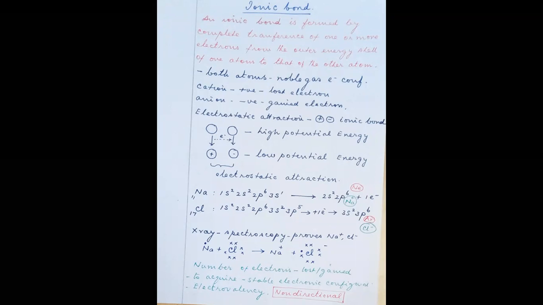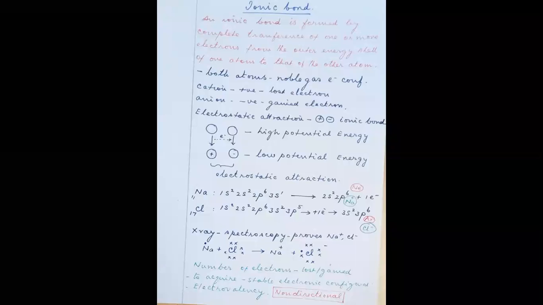See, both the atoms involved in the ionic bond formation are trying to get the noble gas electronic configuration. One atom has lost its electron and the other atom has gained the electron.